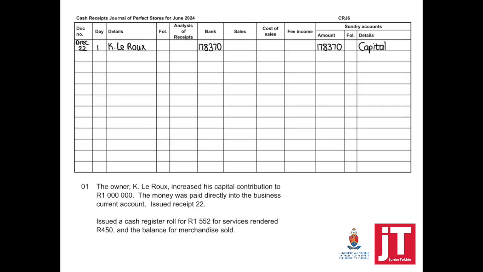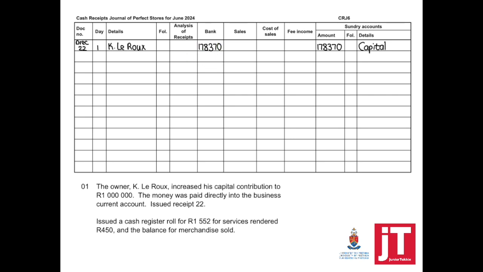Don't get caught out by writing 1 million. It specifically said increased his capital contribution to 1 million. So go and check what the capital balance is currently, and 1 million minus that equals the amount which was contributed.